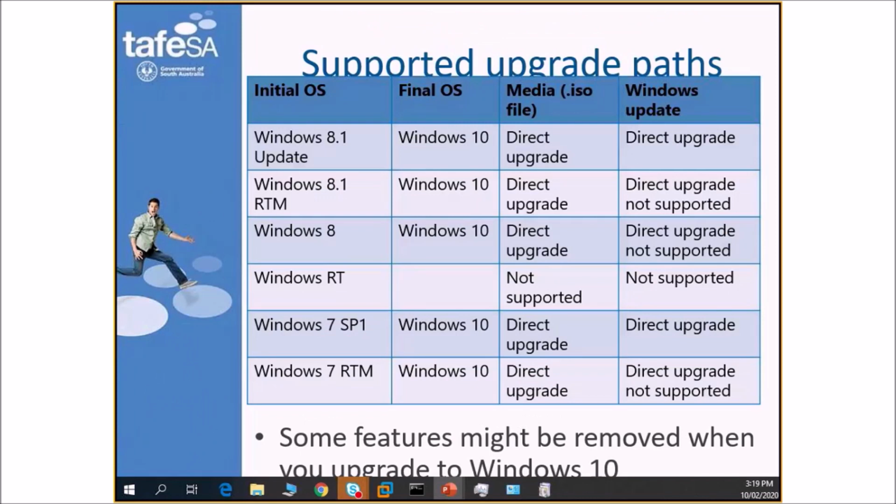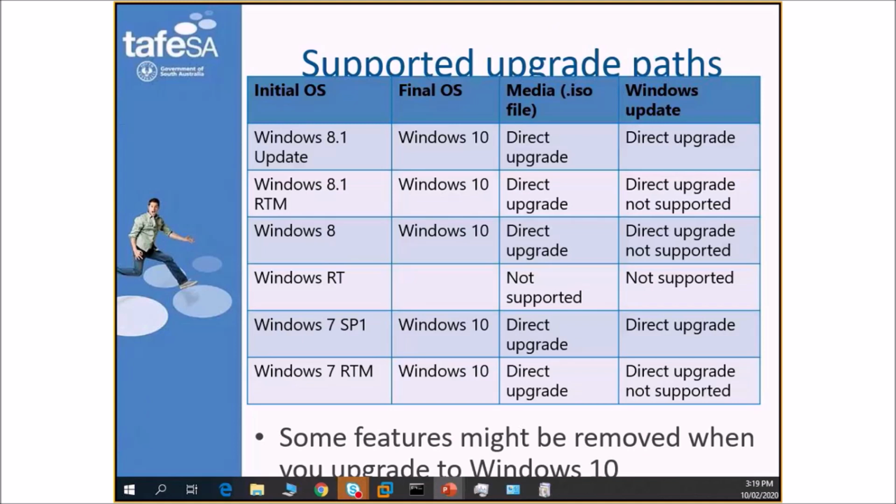All right, what about upgrades? Okay, so this is a part of the subject. It's all about upgrades. So how can we upgrade to Windows 10? Well, really, we can upgrade from Windows 8.